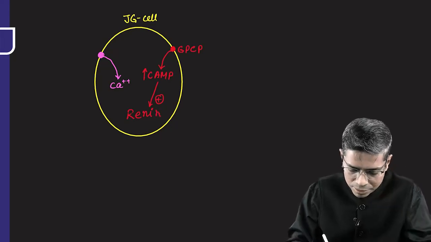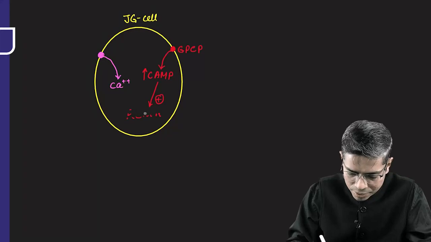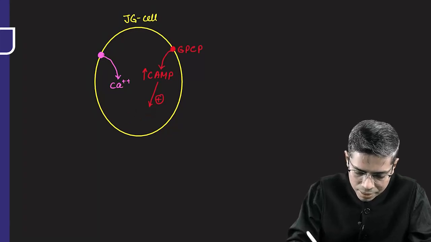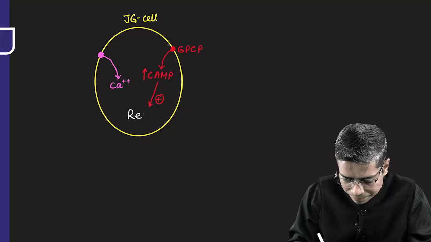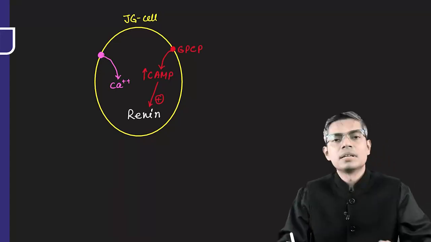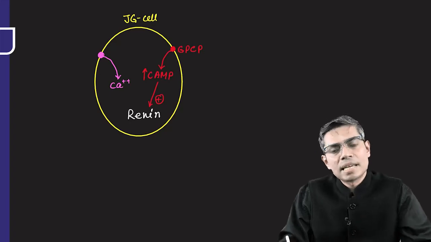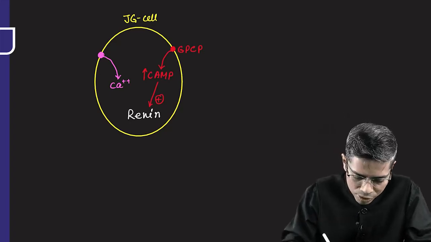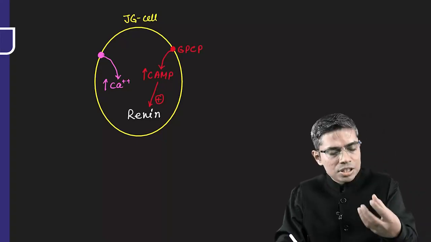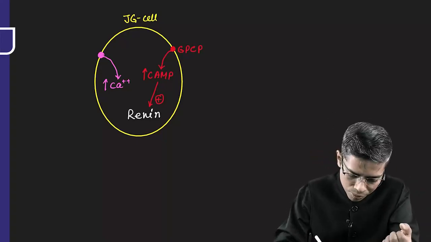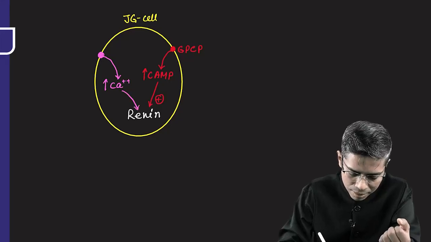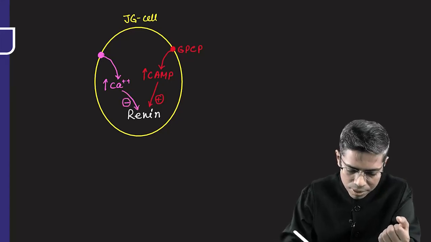I'll write down this renin with a different color so that you remember it better. So cAMP is a stimulus for renin. What about calcium? If there is an increase in calcium, what do you think will happen to secretion of granules? Calcium is an inhibitor of renin secretion.